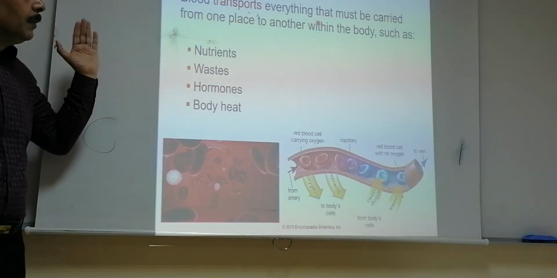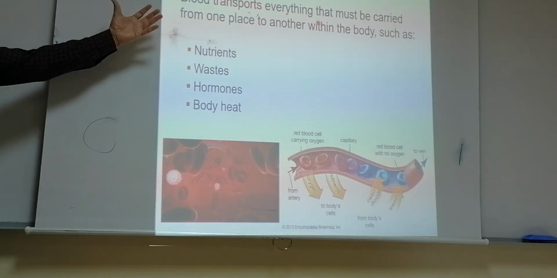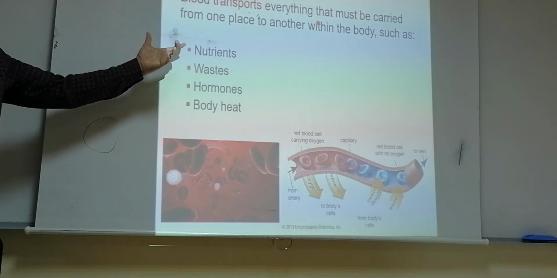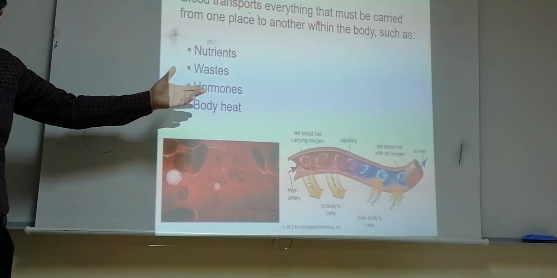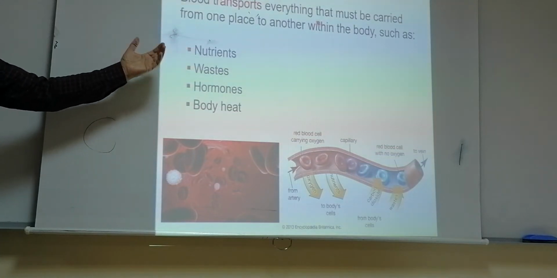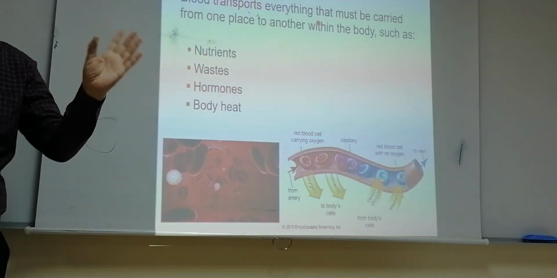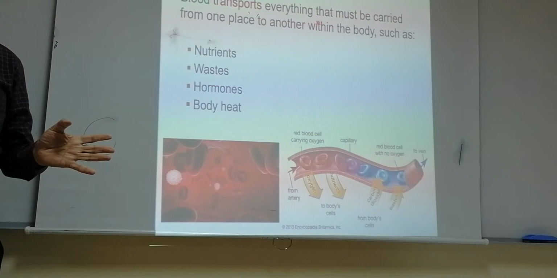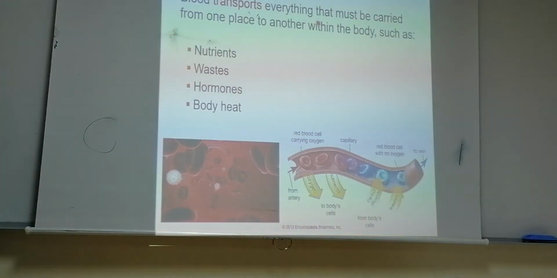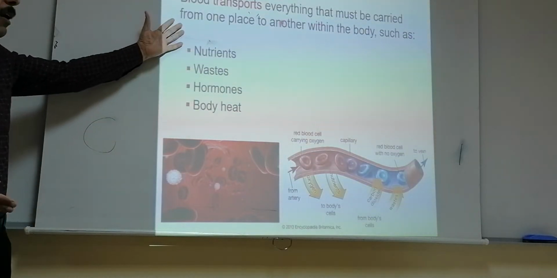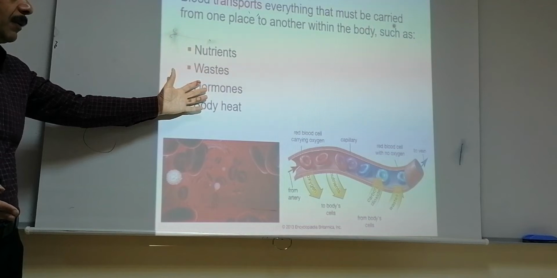So the blood is for the transport of everything that must be carried from one place to another within our body. So all the nutrients, all the blood gases, all the waste products are transported through the blood.